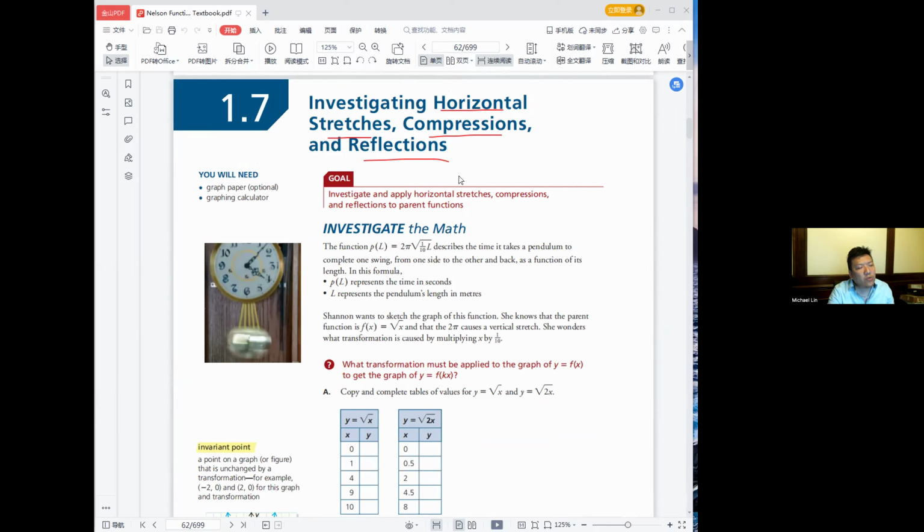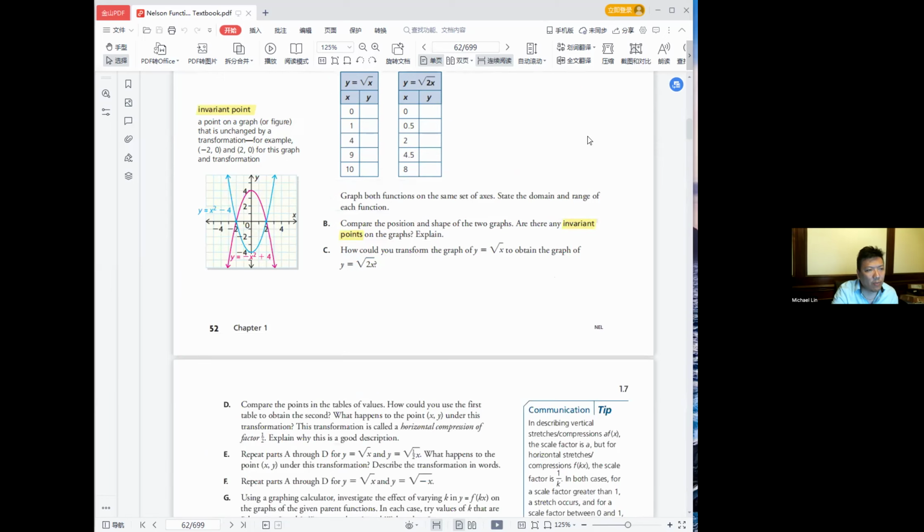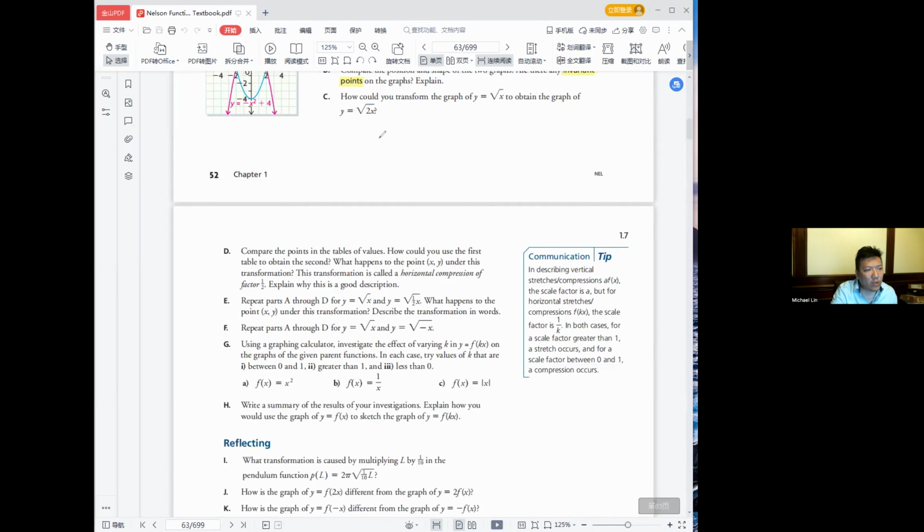Now, horizontal stretches and compressions and reflections, they're always written within the function itself. Okay, and what I mean by that is if we have the equation y = (x - 1) squared, if I wanted to give this a horizontal compression by a factor of 1/2, I would have to write y = (2x - 1) squared.